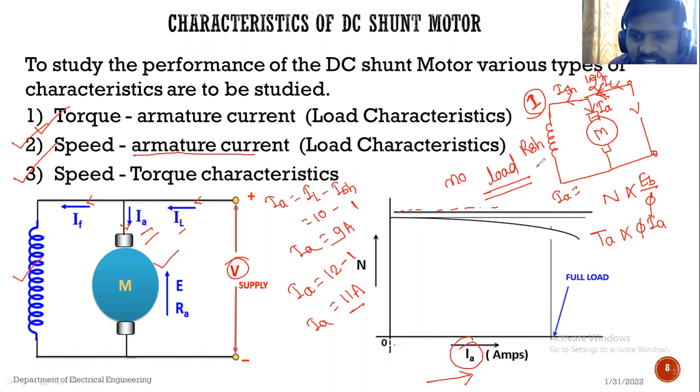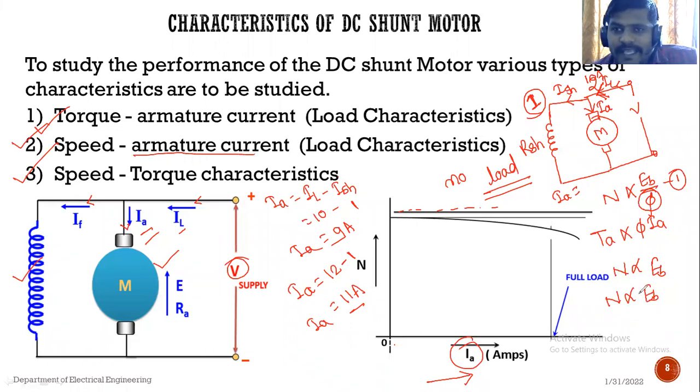See, if the flux of the motor is constant, then the first equation becomes N is directly proportional to EB. Flux constant आहे म्हणजे phi constant आहे, so the speed depends upon the back EMF, that is N is directly proportional to EB of the motor. Okay, and do you know the voltage equation? EB चा फॉर्म्युला काय?